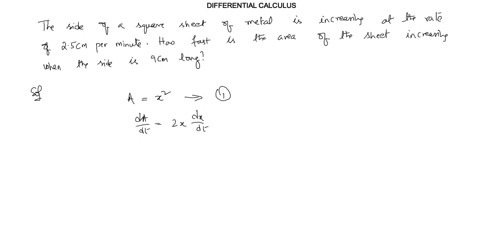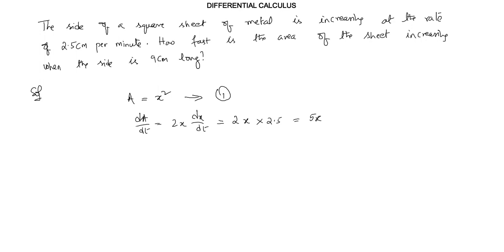Now the rate which we have been given is 2.5 centimeter per minute, so that will be 2x multiplied by 2.5, so that is 5x.